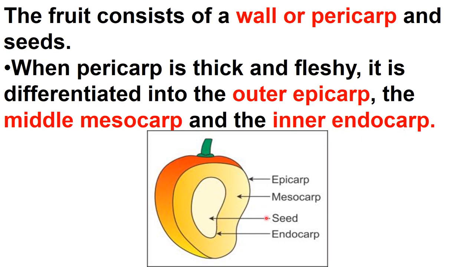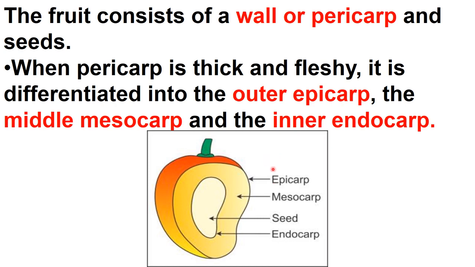So see here, this is the pericarp of a mango. This is the complete pericarp of the mango, and inside this structure is the seed, right? Now there are different parts of the pericarp. Mango is a fleshy fruit, so the outermost layer of the pericarp is called epicarp, because here the pericarp is differentiated into three parts.